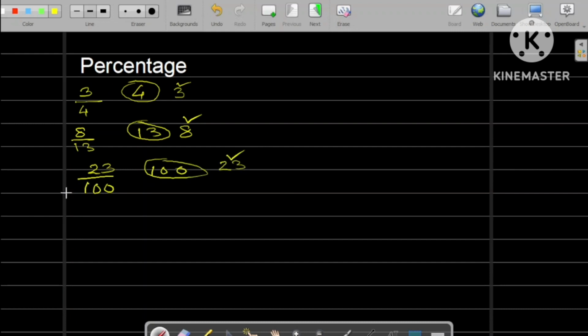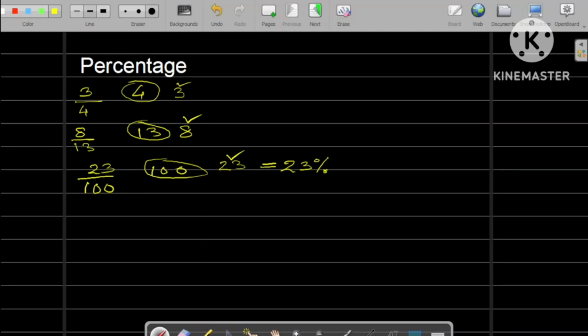Since this denominator is 100, this can be represented as 23%. So whenever we are able to represent a fraction with its denominator being 100, then only we can say that it is a representation in percentage.